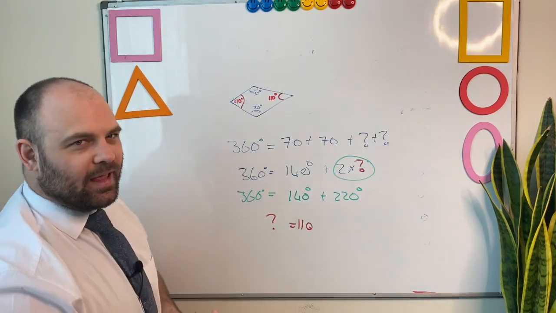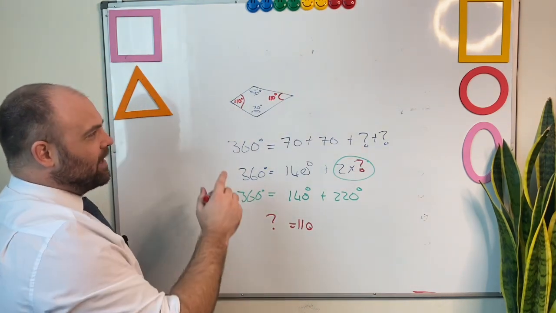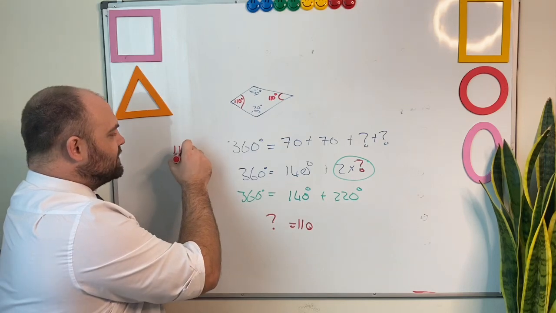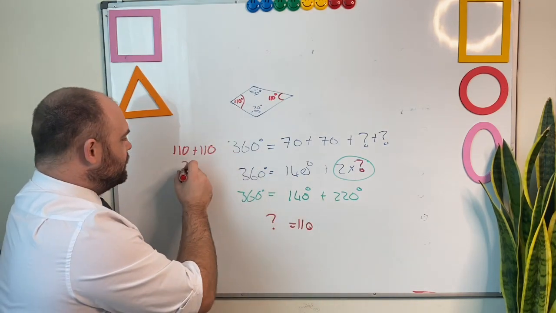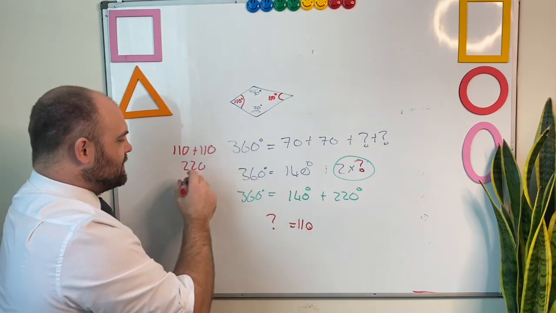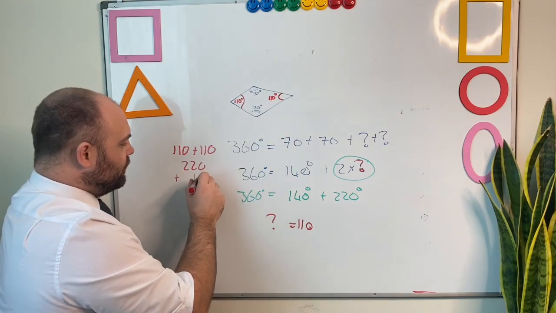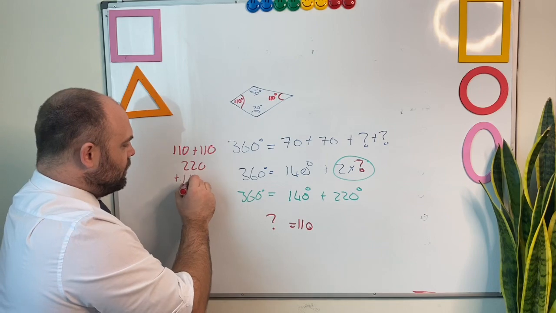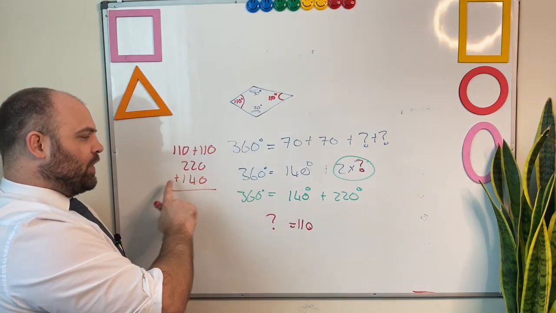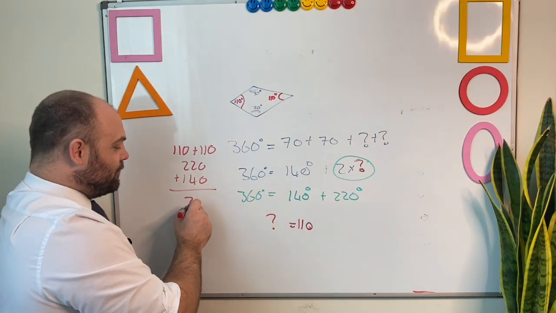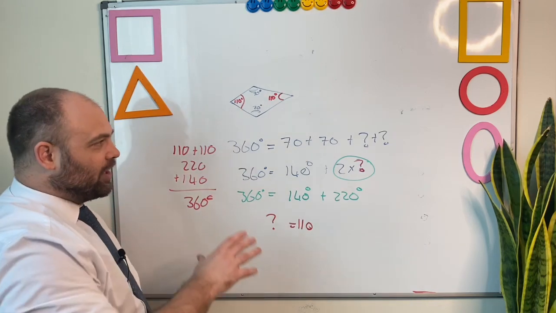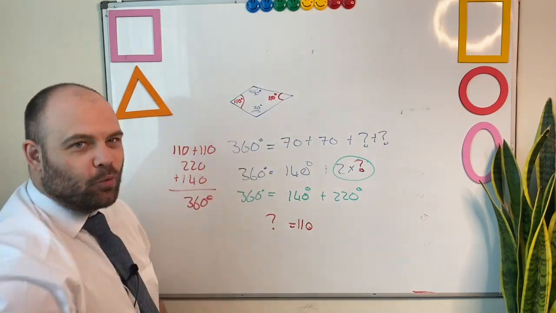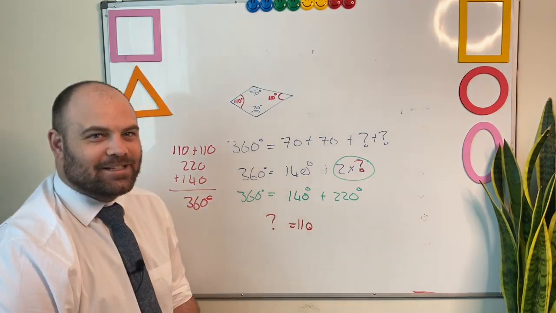And we can again check our answer to see if that makes sense. 110 plus 110, we already know is 220 because we used that to figure it out. 70 plus 70 is 140. 220 plus 140 is 360 degrees. So I've checked my answer, and this whole problem now makes sense.